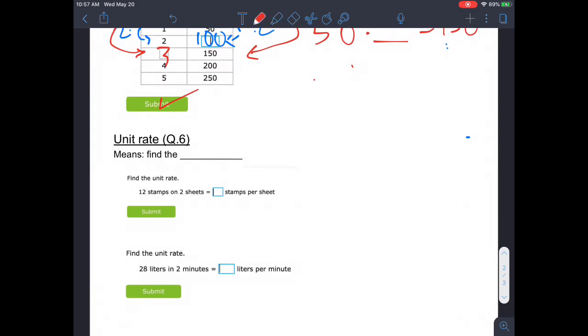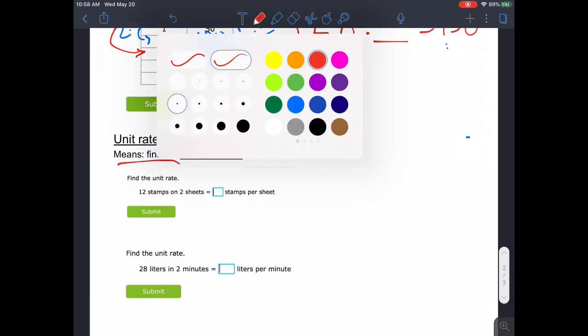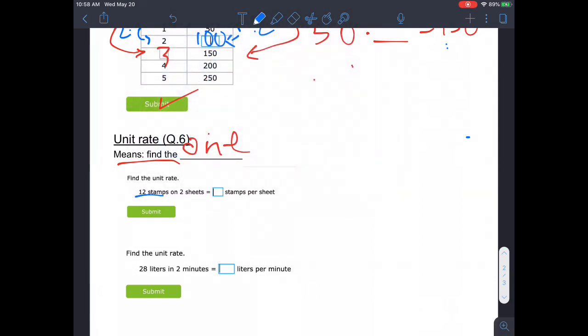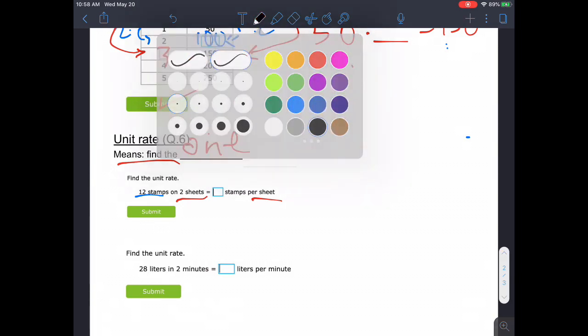Unit rates are when we find the 1. So it's going to give you problems like find the unit rate. 12 stamps on 2 sheets is blank stamps per sheet. So I've got 12 stamps on 2 sheets, blank stamps per sheet. Again, I can always go back to tables.